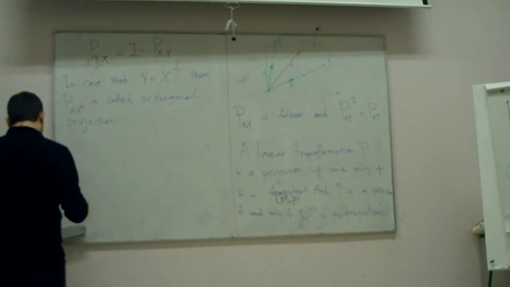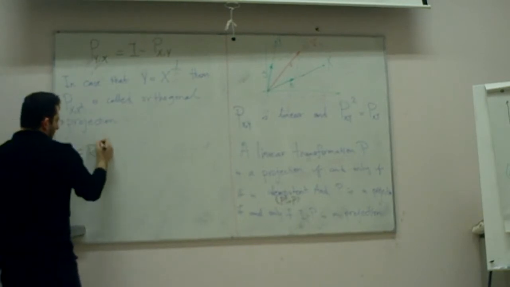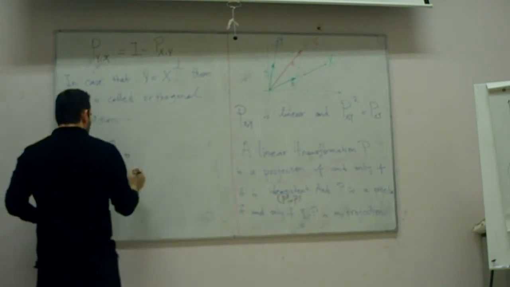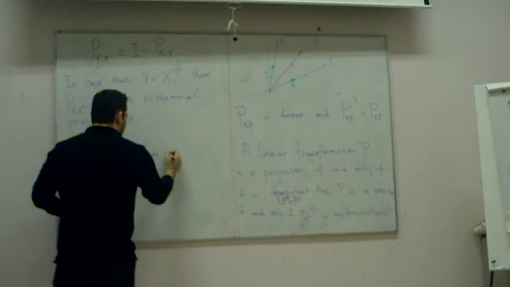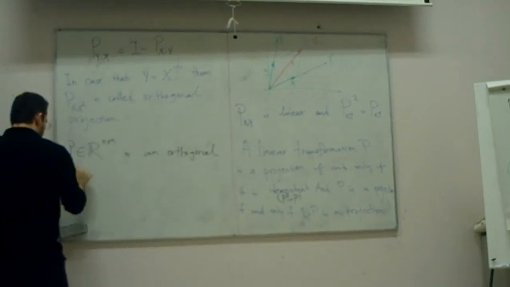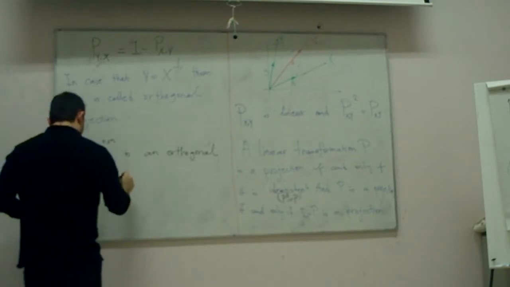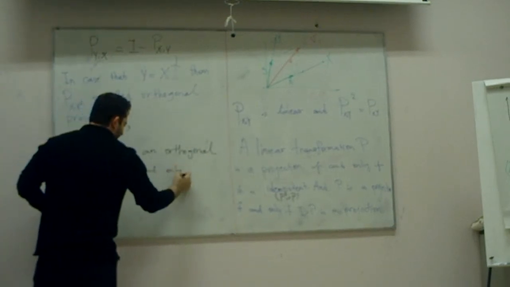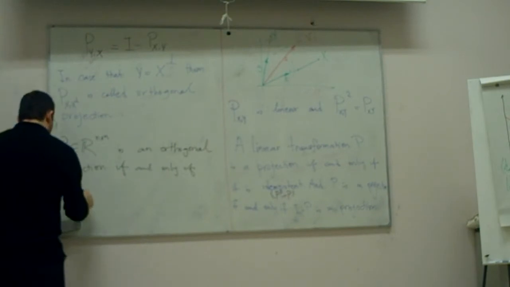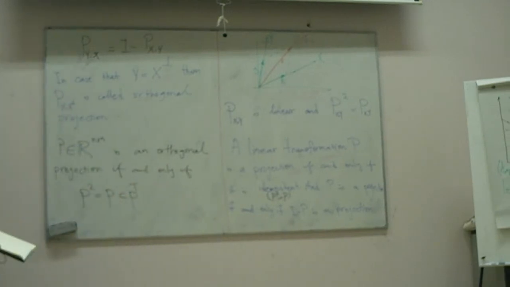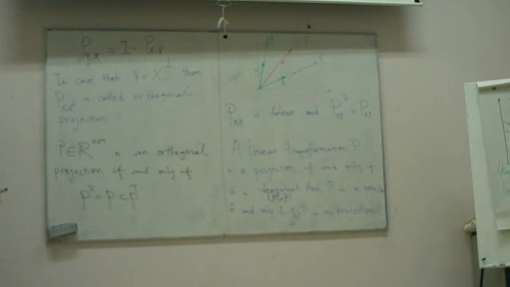Let's have another theorem. If P is a matrix of n by n in R and is an orthogonal projection, so this matrix is an orthogonal projection if and only if not only is it idempotent, but also the result is equal to P transpose.